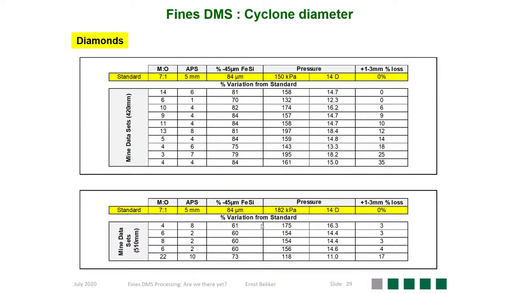In diamonds, they're using 510 and 420 mm cyclones. But what is of importance is that on the 420 mm cyclone, there were cases where no 1 to 3 mm diamonds were lost. Illustrating again, smaller diameter cyclone, better efficiency, if operated correctly.